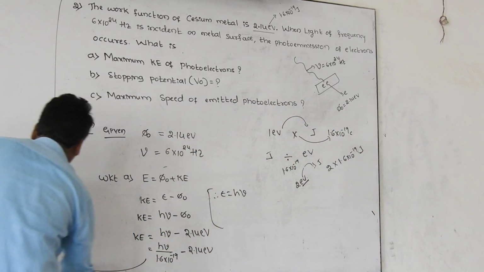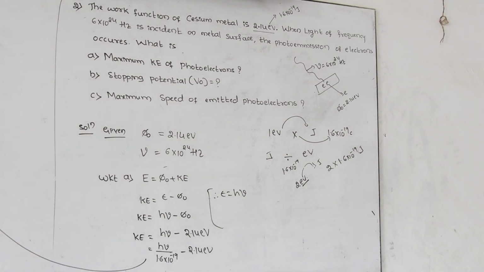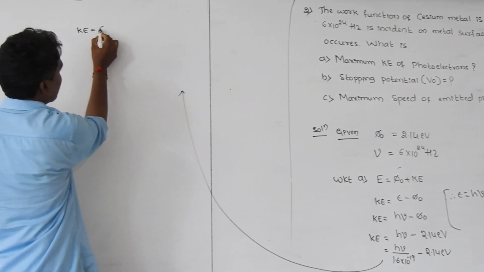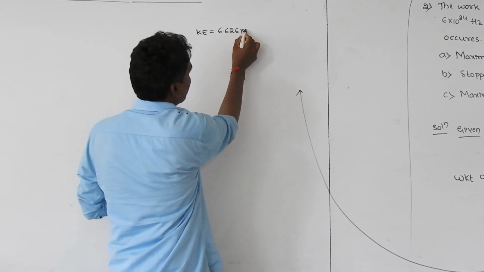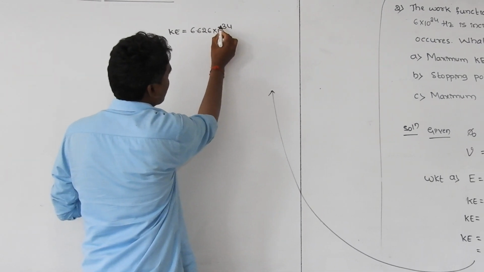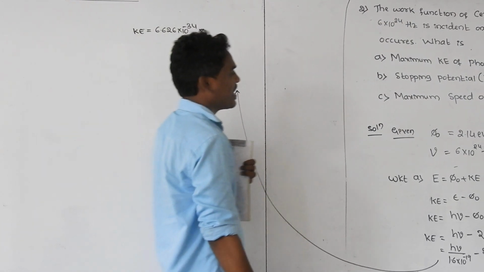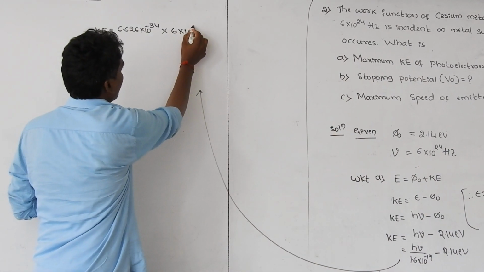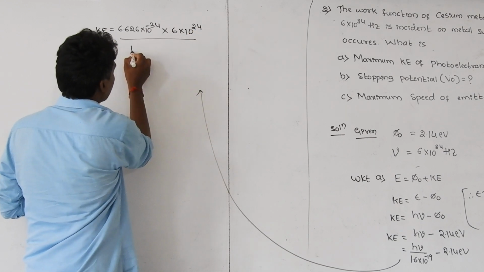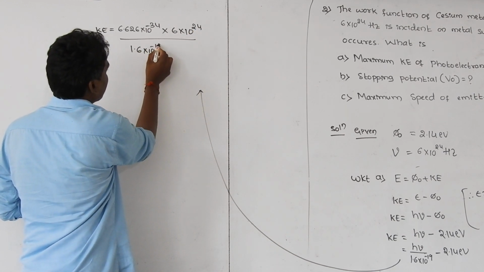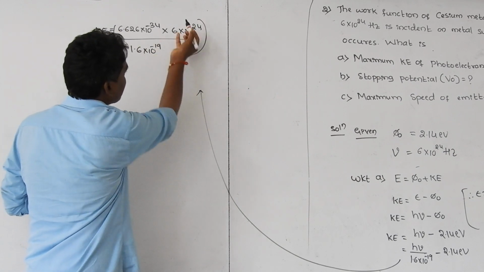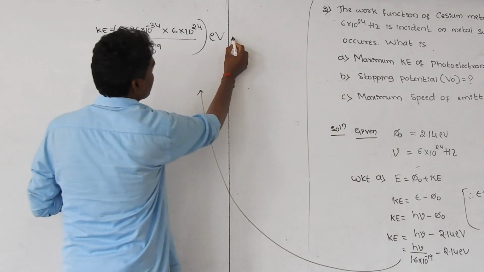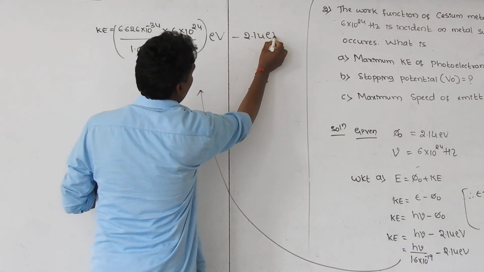Again, kinetic energy is equal to h, you know the value, 6.626 into 10 to the power of minus 34 joule second, into the frequency, which he has given as 6 into 10 to the power of 14, divided by 1.6 into 10 to the power of minus 19. This answer is converted into electron volt, minus 2.14 electron volt.